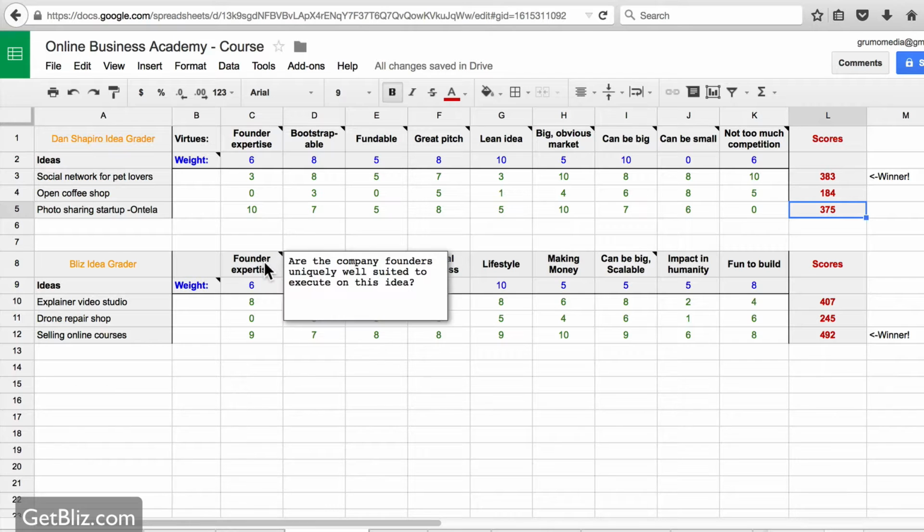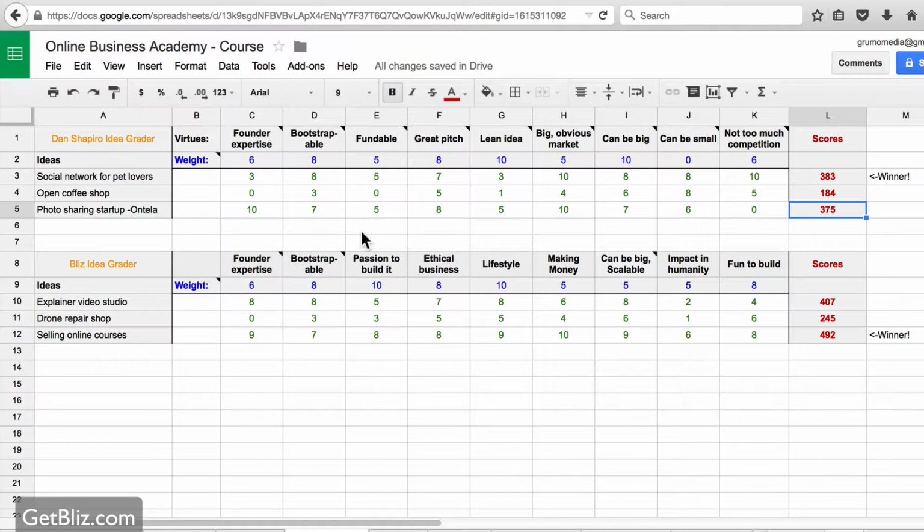Do you have expertise? Is it bootstrappable? This is very important. Can you actually finance the creation of this company without taking outside investment? Passion to build it. We've discussed this. Very important. Do you have passion to build it? Is it an ethical business? Is it going to do something good for the world, for humanity? Is it going to support your lifestyle?